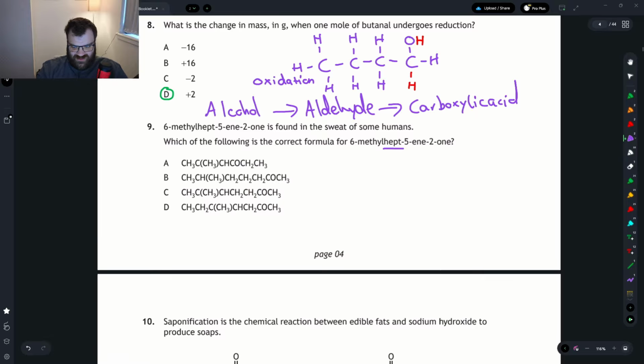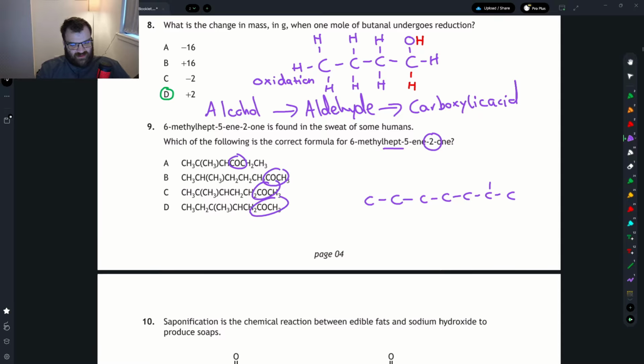It's hept, so it's 7. 1, 2, 3, 4, 5, 6, 7. I'm trying to decide where to put the one. Now, if we put it here, that is 2-one. And if we put it there, it's 2-one as well. When you look at the options though, I'm seeing that they're all leaning towards the right. So I can line it up to make my job easier at the end to figure out which one's matching. I'm going to pop it over here.